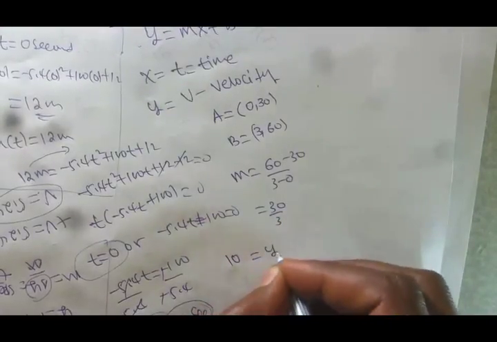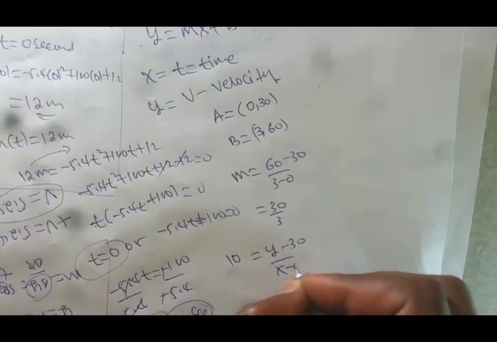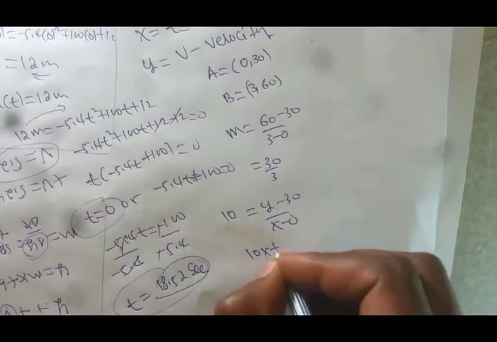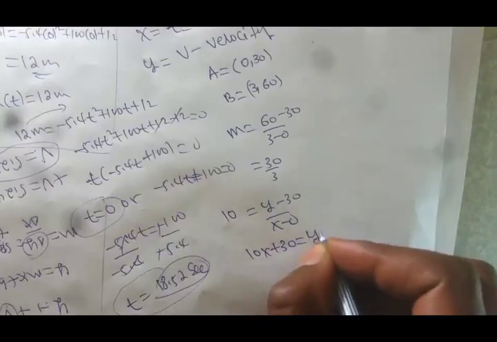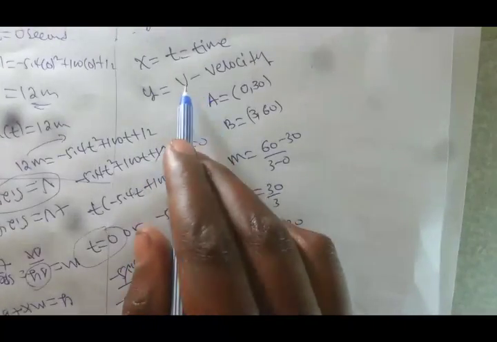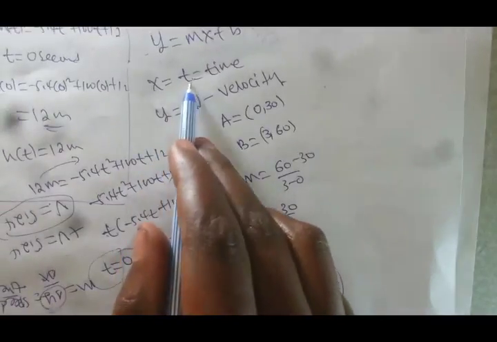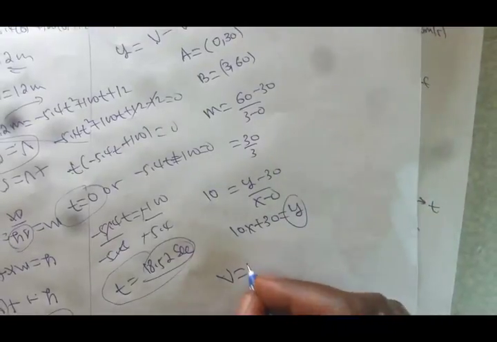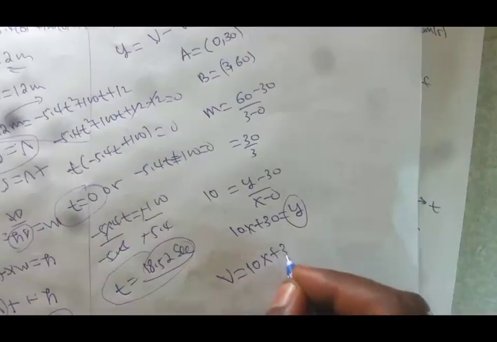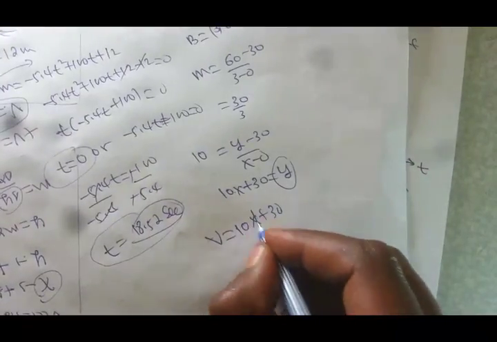Therefore 10 is equal to y minus 13 over x minus 0. 10x plus 13 is equal to y. So the value of y is v, and the value of x is t. Therefore v is equal to 10t plus 30.